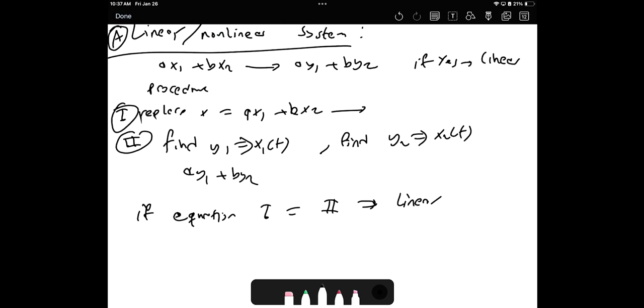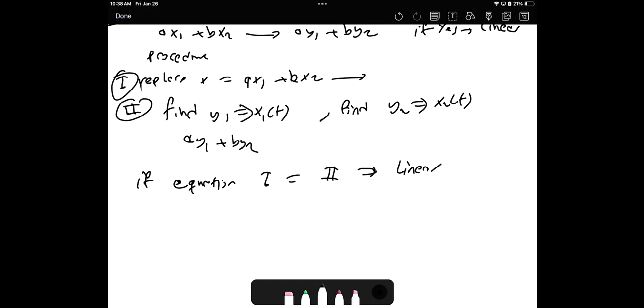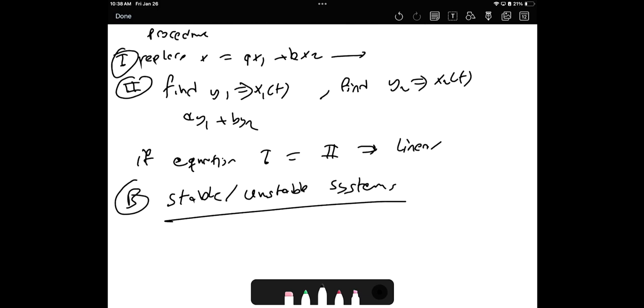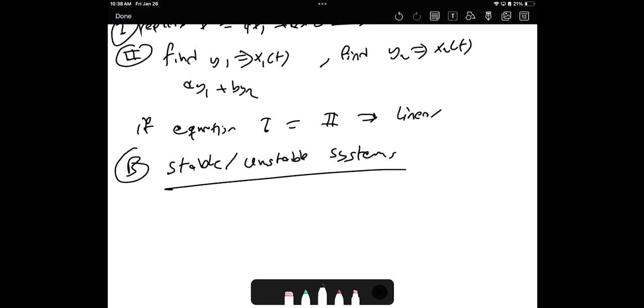Now, before going to examples, I would like to give you a couple of properties, also as definitions. Then we will apply all of these 3 properties to common examples. So let's go to another definition called stable and unstable systems. Most likely here, we will look for bounded input, bounded output stability.